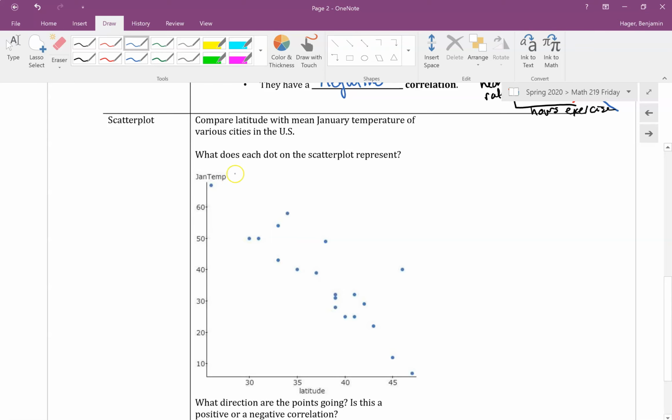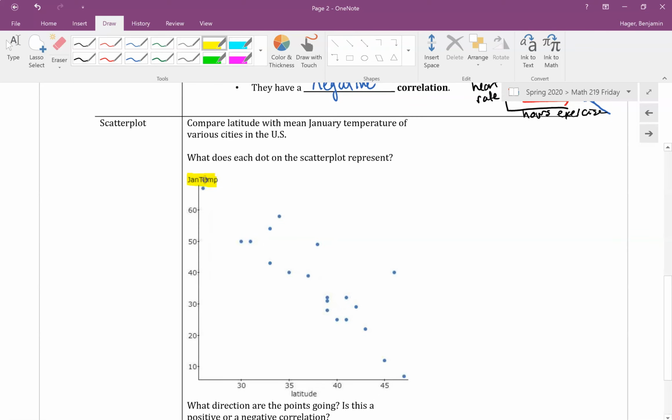So let's look at the scale here. On the vertical axis, they've got the temperatures in January, the mean January temperature. And on the x-axis, we're looking at latitude. If you remember latitude, looking at the Earth, the equator is at 0, and then as you go up towards the poles, you're increasing in latitude.